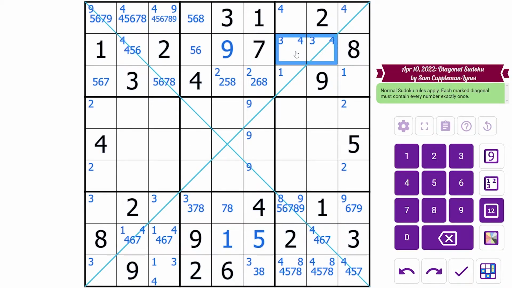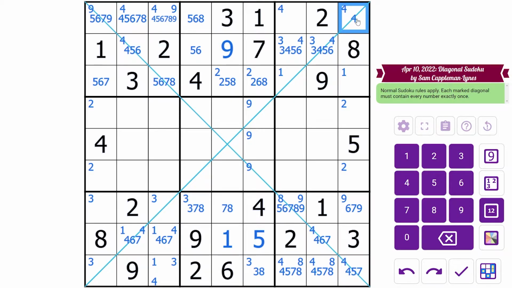Anything else? Well, these. They see their 1, their 2. They don't see their 3, 4, 5, or 6. This doesn't see any of those digits. And neither does this. Okay. This sees its 1, 2, and 3.